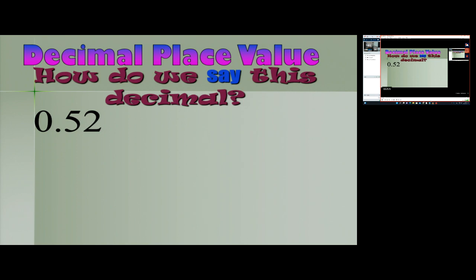Again? What is the place value of 2? On the right side of the decimal point, the next number is tenths. The next is hundredths, then thousandths. So what is this number?